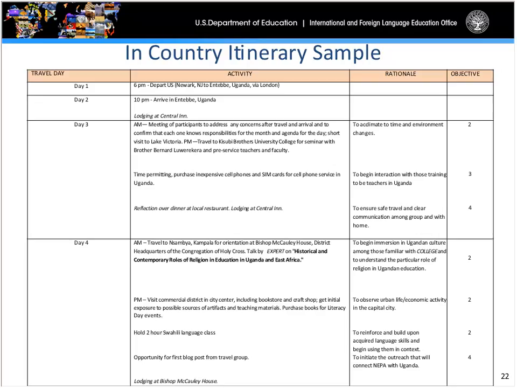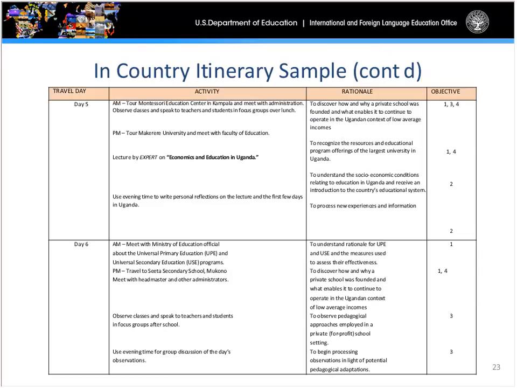It should be obviously realistic. If you know that it's going to take you 12 hours to get there, you want to make sure you account for that. But you may not know, as it states here, 10 p.m. So that may not be something you know definitively, but it should be listed. And so here also you have the rationale, which is a very good thing, and then they also have the objectives.